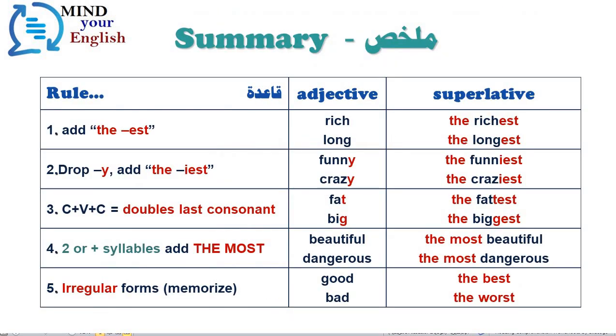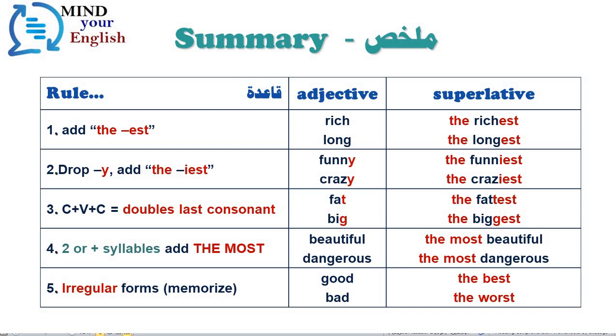Summary. Superlative adjectives put adjectives in the highest degree they can be. Rule. Adjective. Superlative. Rule 1. Add the before the adjective and add est to the adjective. Adjectives rich and long.